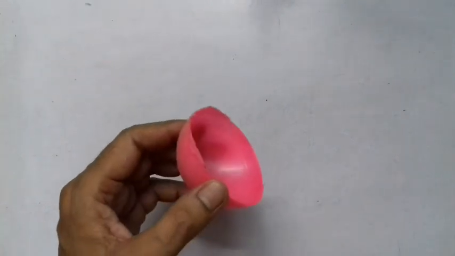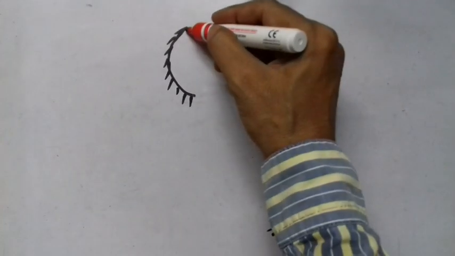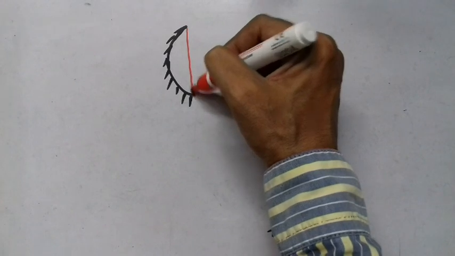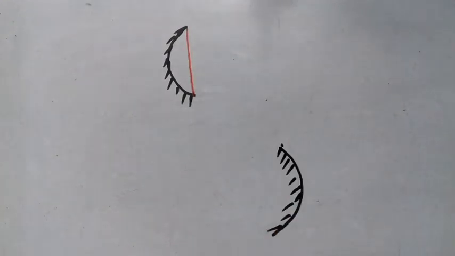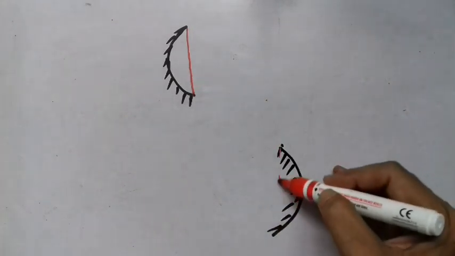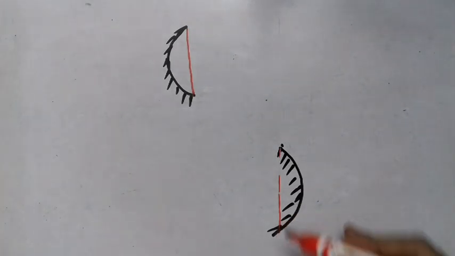Let me draw. The length of this straight line between these two extremes is called linear aperture, either in case of a concave mirror or a convex mirror.